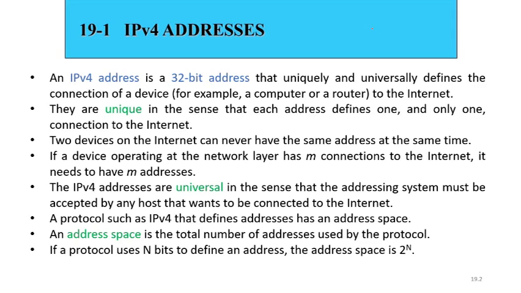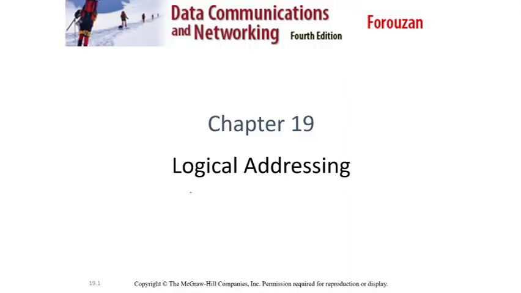Once a device wants to connect to the internet, each device has its IP address, an individual address that is unique for each device. So if different devices are connected through the internet, they have a specific unique IP address. That IP addressing is basically called logical addressing.